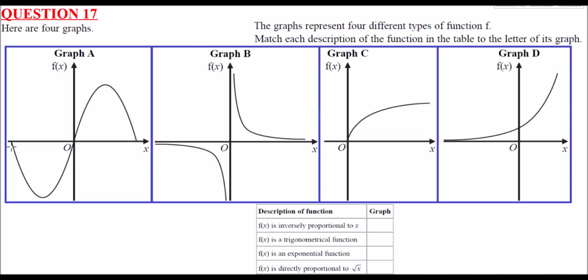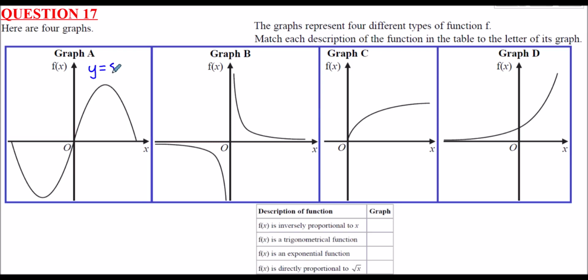Now, graph A, this is either going to be a cubic graph, that looks like a cubic, it's got an S shape. Is a cubic one of our options? No, it's not. It's not an inverse proportion one. However, it would be a trig function. This is a graph of the type y equals sine x.